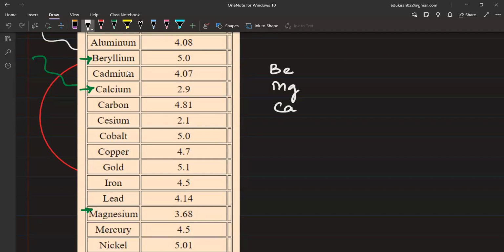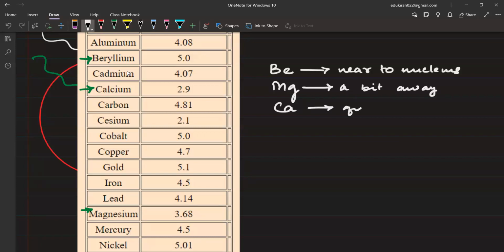Now, can I say that whatever electron is present in beryllium, it is nearer to the nucleus? Yes. Magnesium's is a bit away, and calcium's is quite far away.